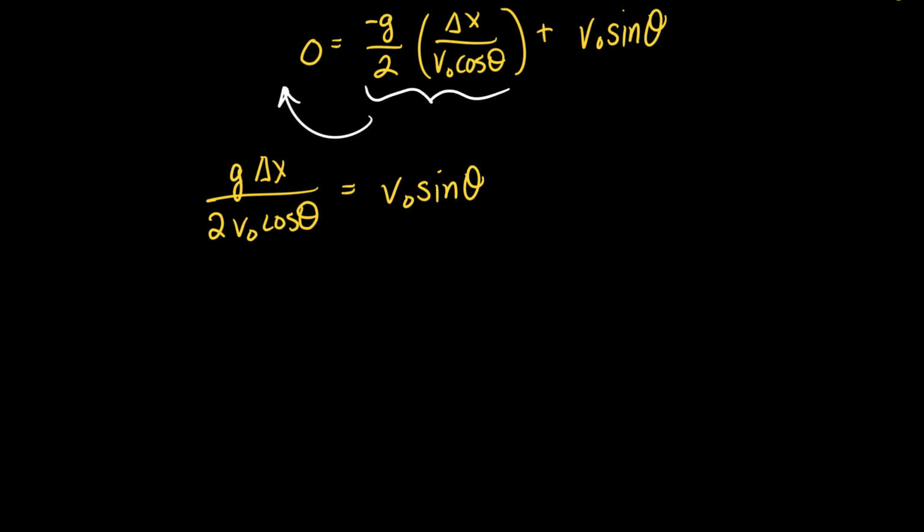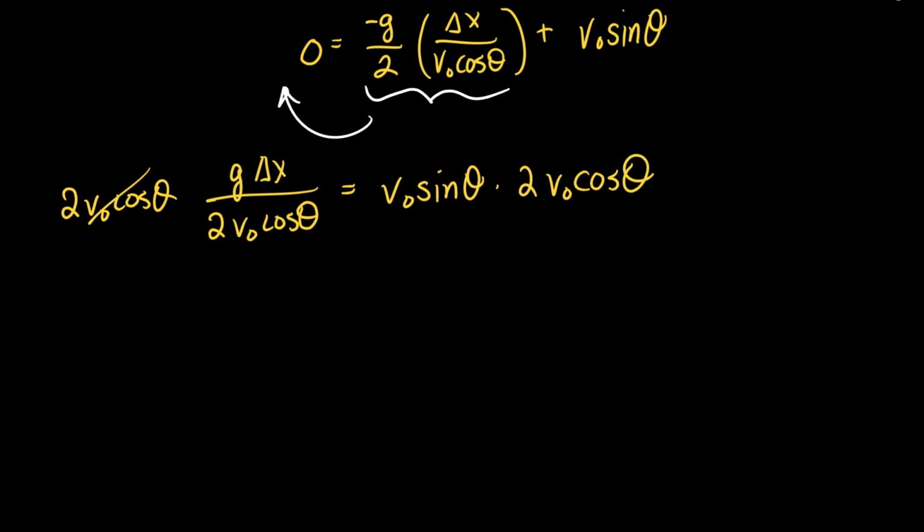Okay, so I'm going to multiply both sides by this. I know it's not 0 or it wouldn't be in the denominator. So I will multiply by 2 v naught cosine theta times 2 v naught cosine theta.